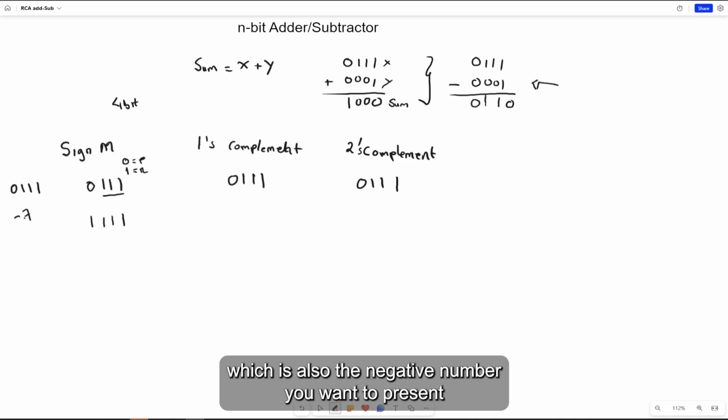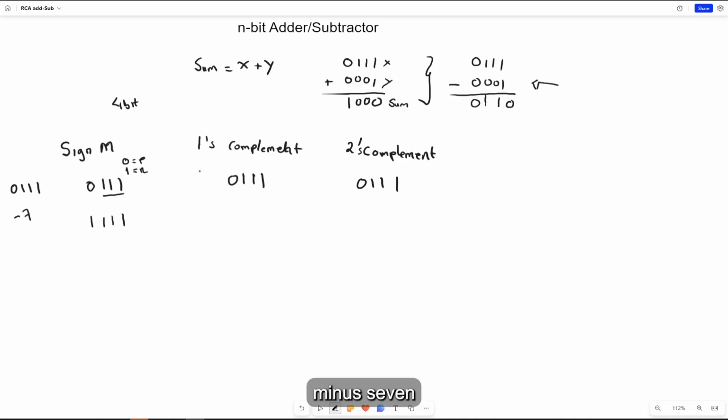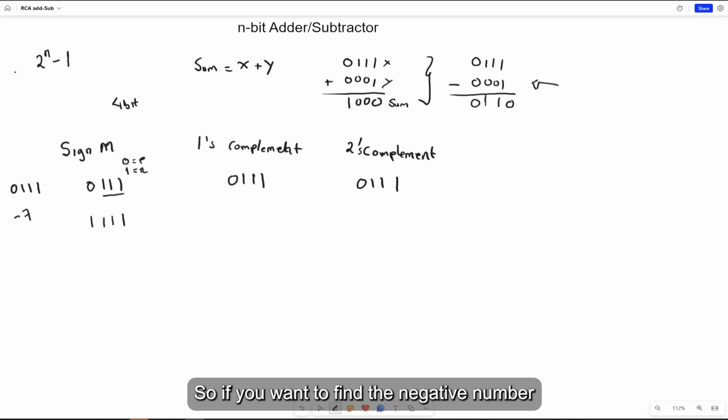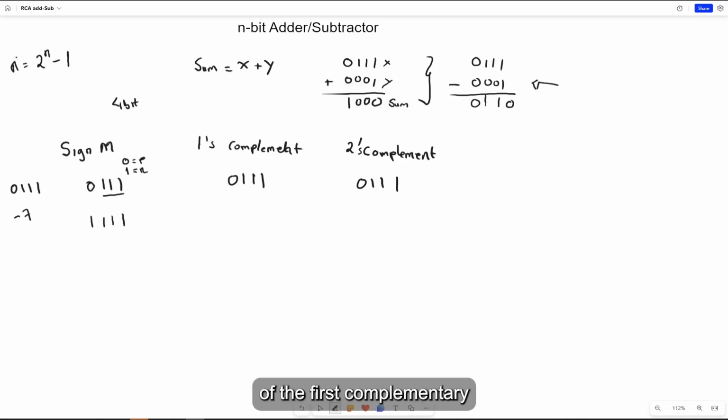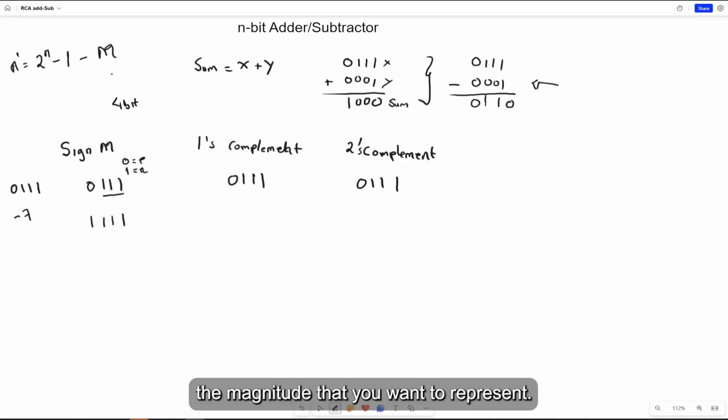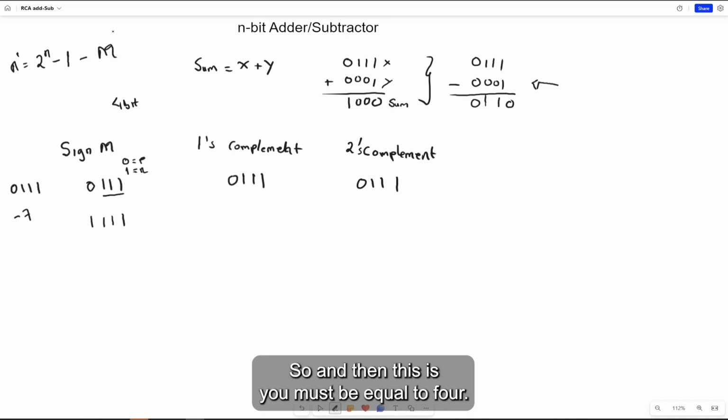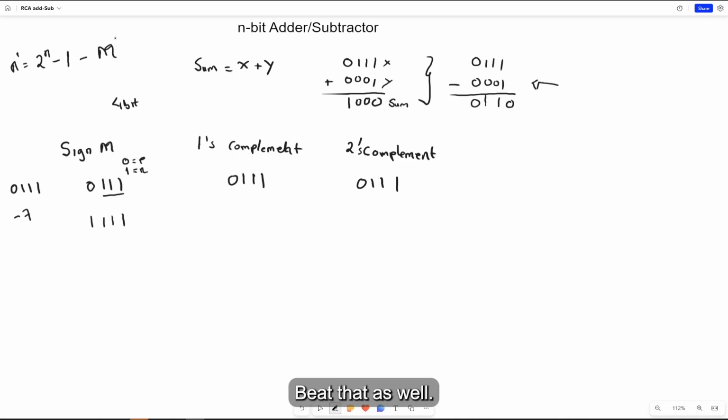But when you come to the first complement, which is also used for negative numbers, to represent minus 7, the equation is 2^n minus 1 minus the magnitude that you want to represent, and it must also be 4 bits.